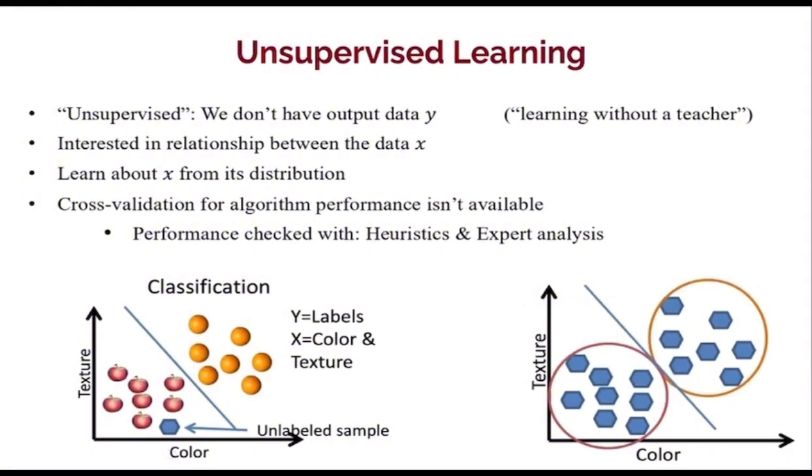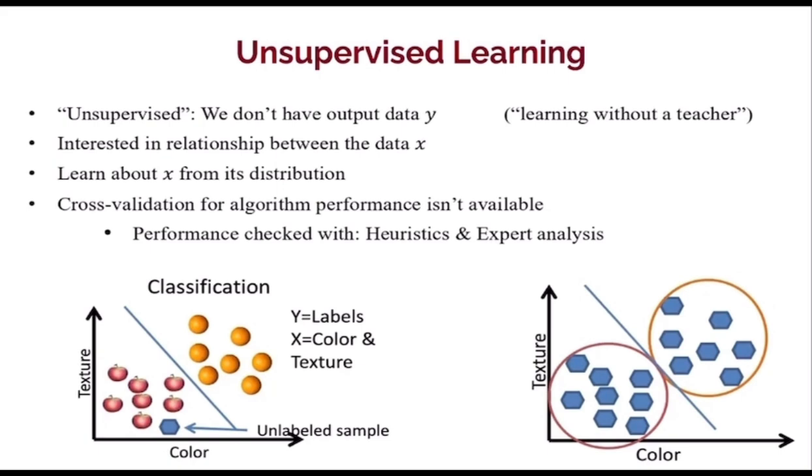Generally speaking, the key difference between supervised and unsupervised learning is this: supervised learning requires labeled data, while in unsupervised learning you are working with unlabeled data.